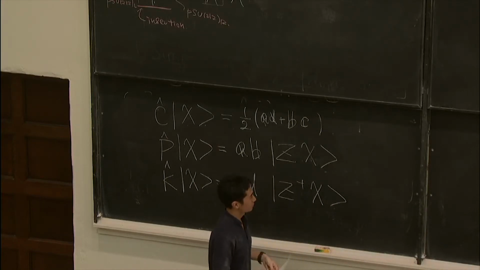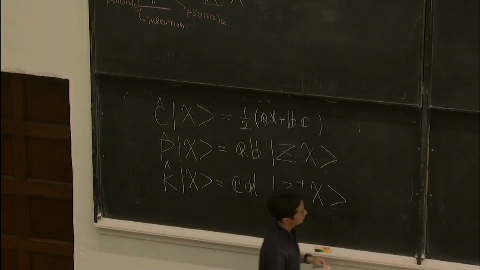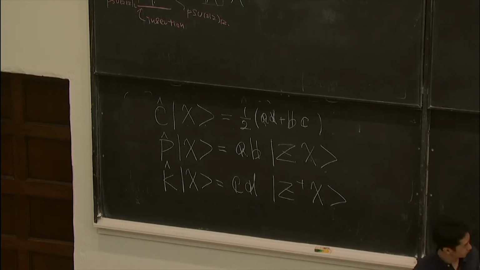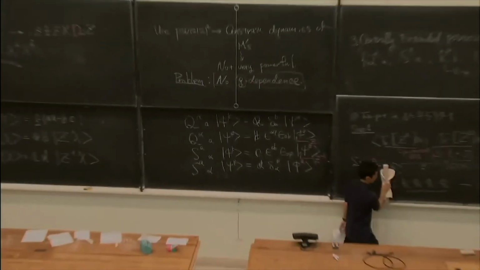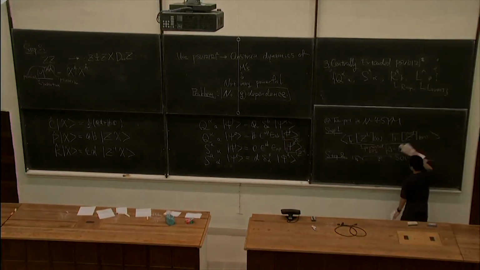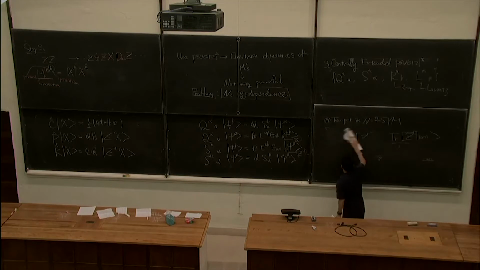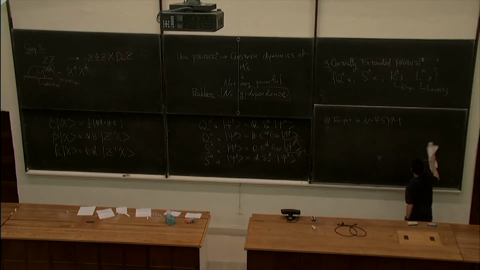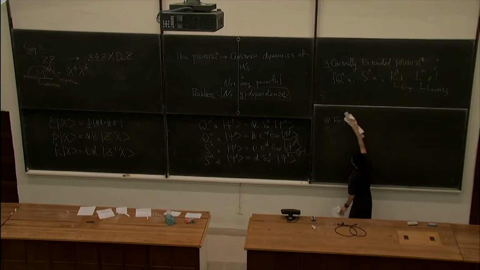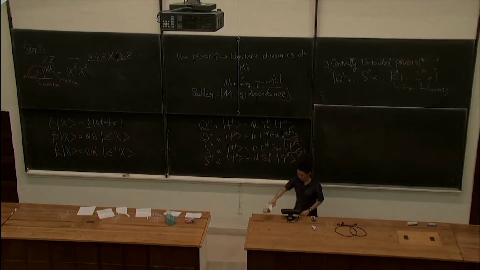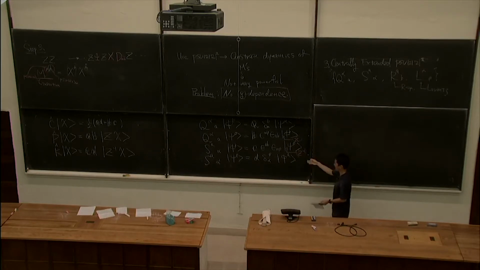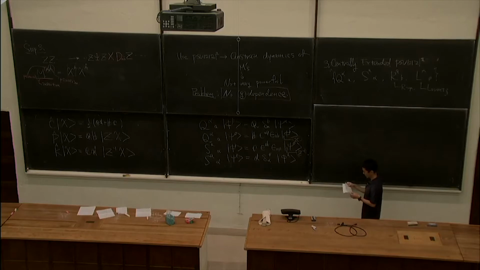So now let me talk a little bit about what these A, B, C, D are. A, B, C, D can also be determined by consistency conditions. So what are the consistency conditions? Firstly, you need to impose that these A, B, C, D correctly reproduce the structure of the algebra.